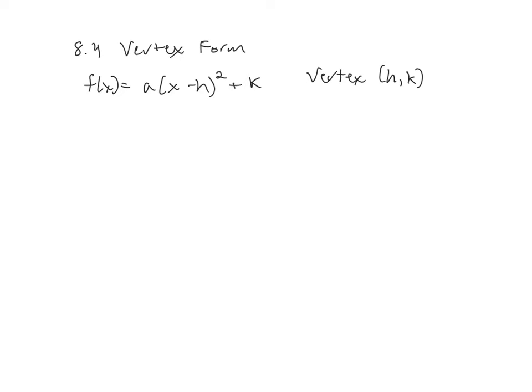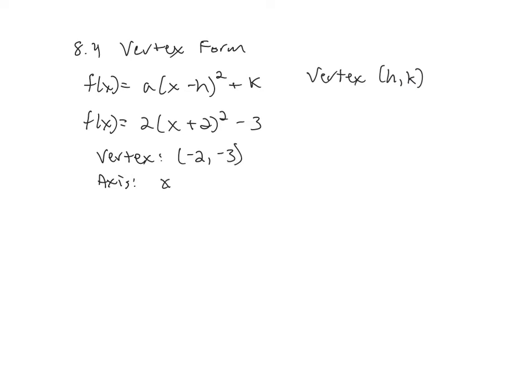It'll start out the same way as the last assignment. So it'll want to know what's the vertex and the axis of symmetry. So the vertex, remember, it's opposite if it's on the inside. The outside, it's the same.